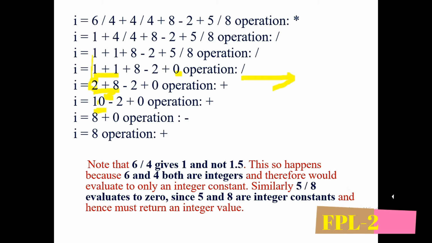In minus and plus, both have the same priority, so it doesn't matter which operation you perform first. So 10 minus 2 gives you 8. Then in this expression we have only one operator left, so we get the value 8. Finally, 8 will be stored in the variable i.